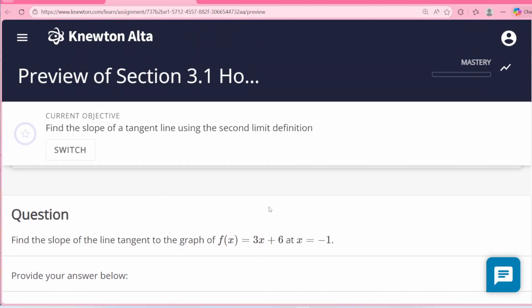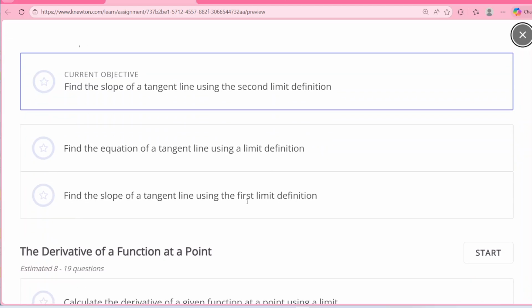All right, so this first objective I'm given is find the slope of a tangent line using the second limit definition. Right, so if you look at the objectives, there's a first limit definition and a second limit definition.